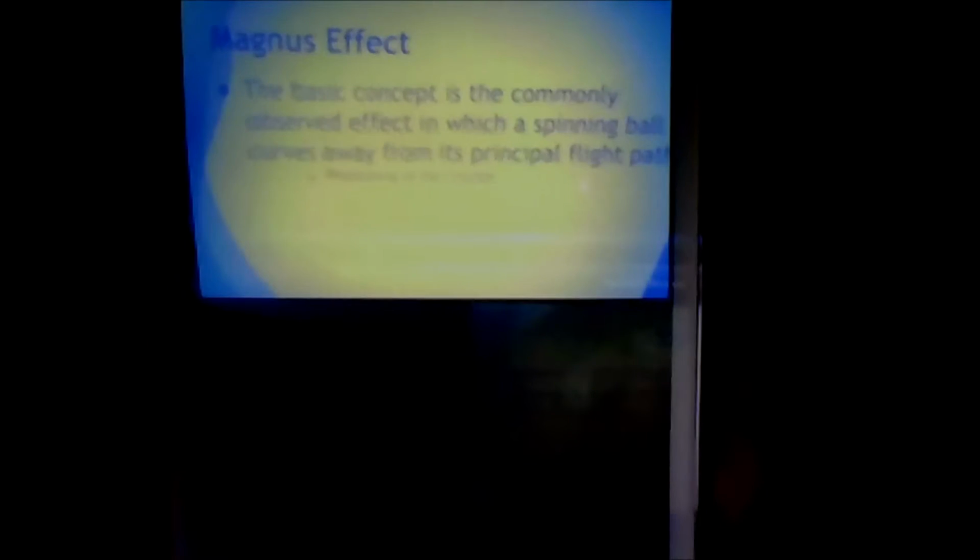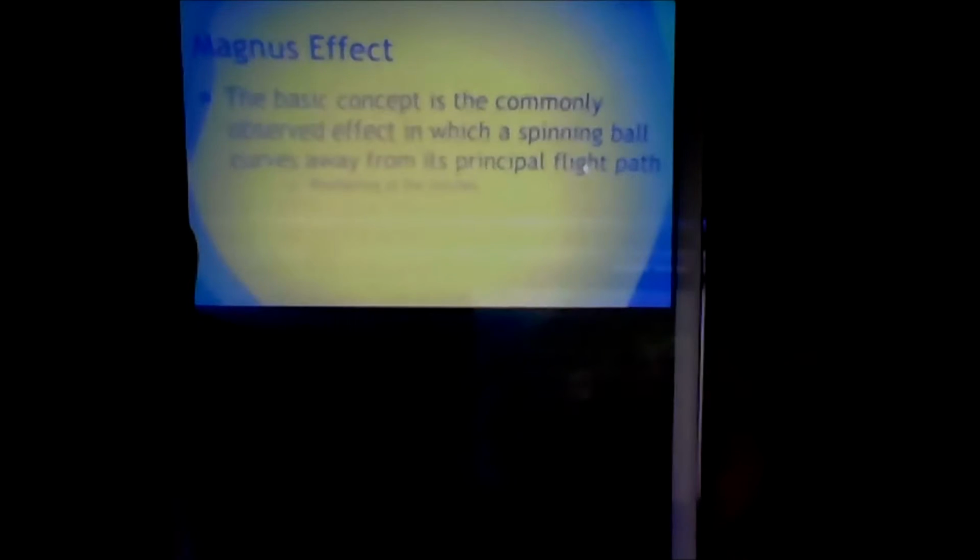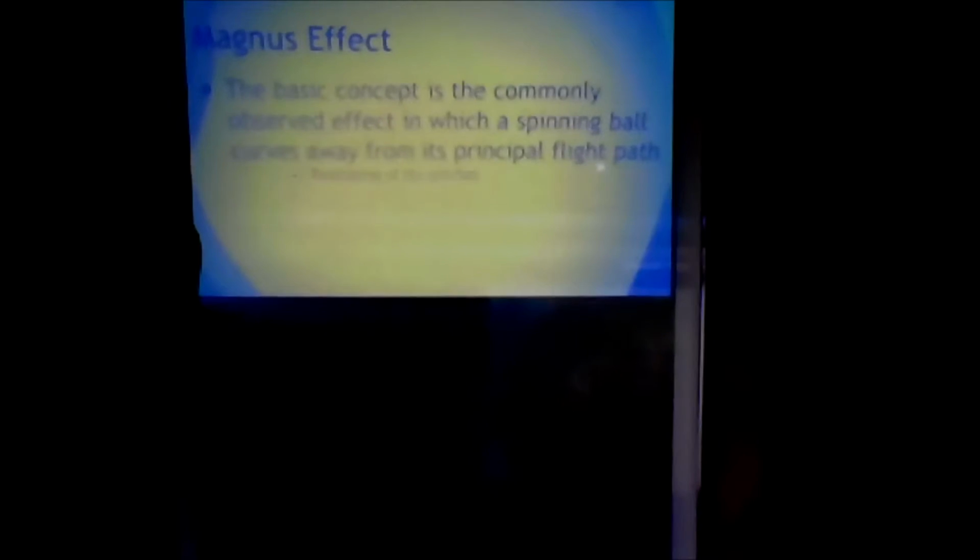And also in the article that I found, they say that once the air with higher pressure pushes the ball towards the side with the lesser pressure, which also causes the curve.